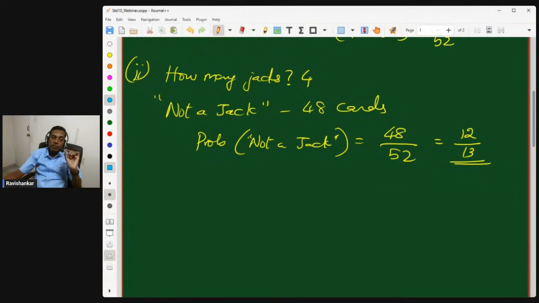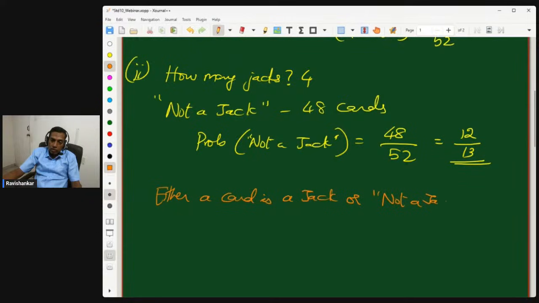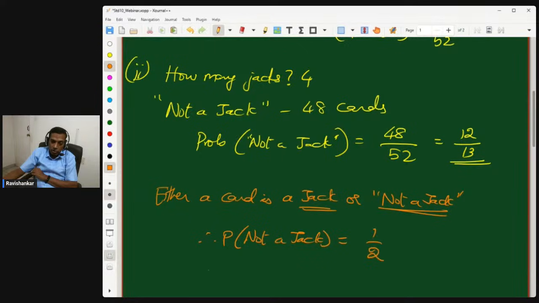Now, why is that the case? Because, for example, for the second part, I could technically say a card is a jack or not a jack. These are the only possibilities. For every card, I can say it is either a jack or not a jack. Therefore, P of not a jack is equal to half. Why?